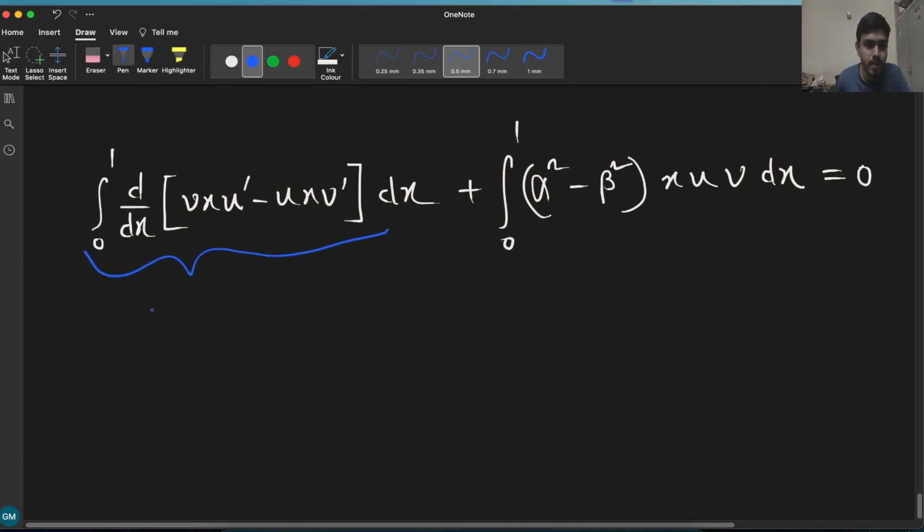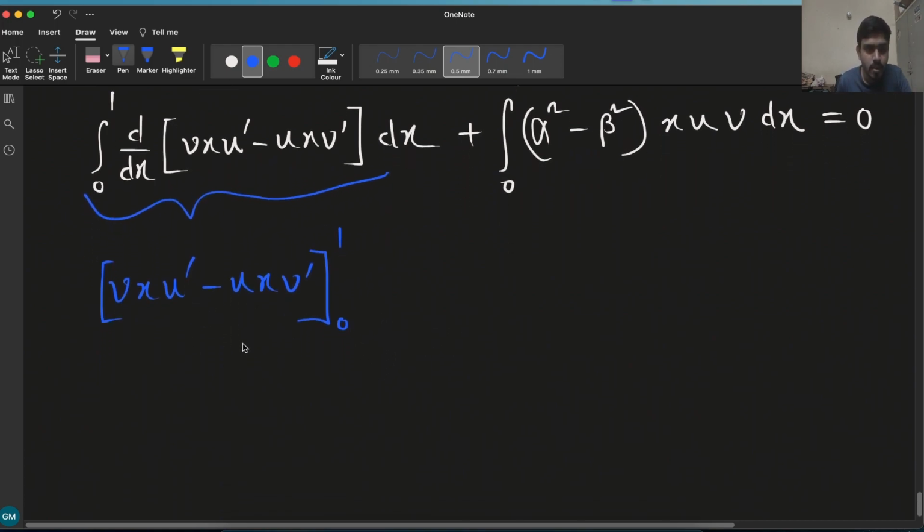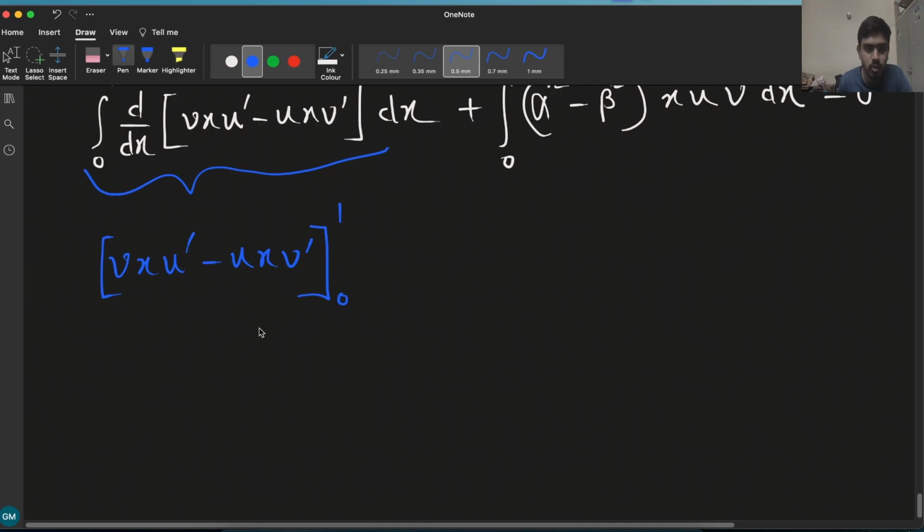Now if you concentrate on this first integral, it will be [v x u' minus u x v'], and the limit will be going from 0 to 1. The upper limit will be 1, and the lower limit will be 0. If I put the lower limit, then because of the x present here, it will be 0.